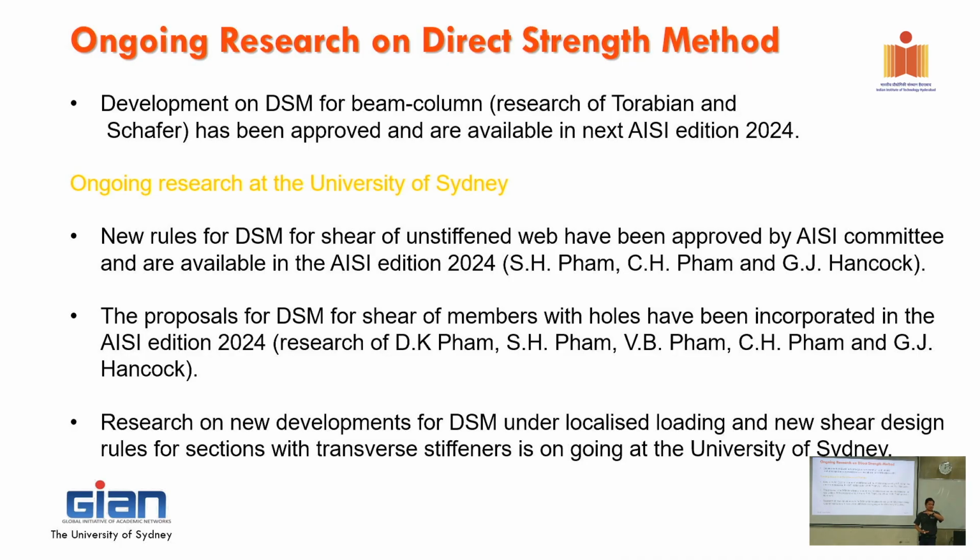This is a beam column. So what about DSM? How are we going to design for that? It's actually done already by research by Dr. Torabian and Professor Schafer, and it's already in the latest one, 2024 AISI. If you download it, you can find the equation for that. And now we're including new DSM for shear.